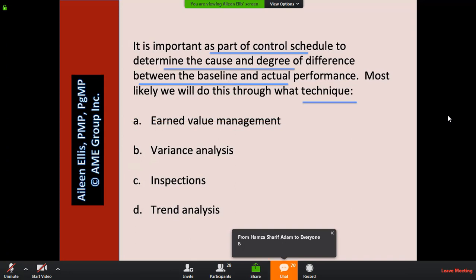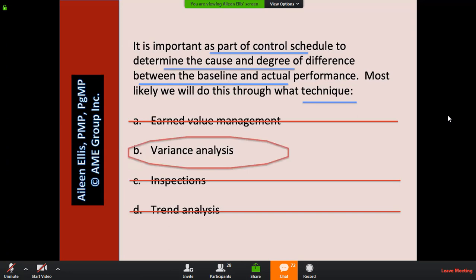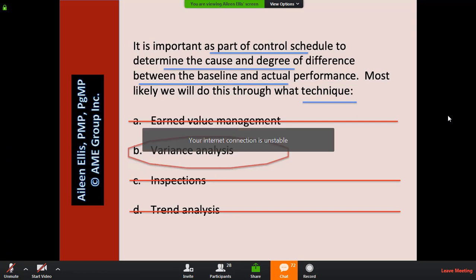So earned value analysis could be true, but variance analysis is more specific. The definition of variance analysis is looking to determine the degree of difference between actual and baseline and also the cause. Well, I would select answer B. I'm not saying answer A is wrong, earned value management. I'm saying answer B is better, variance analysis, because it's more specific.